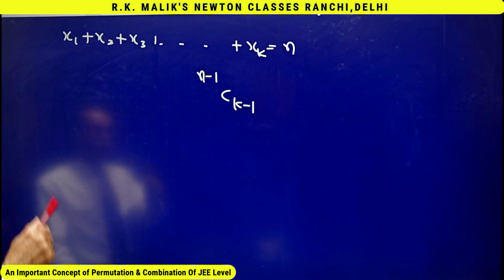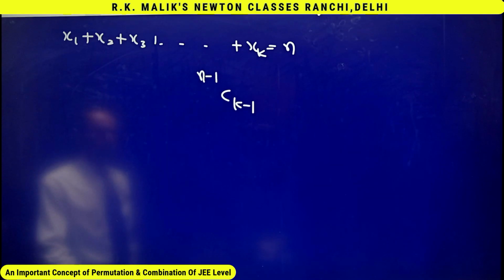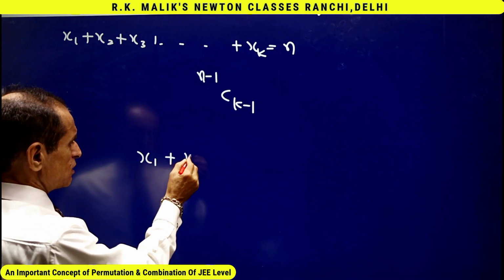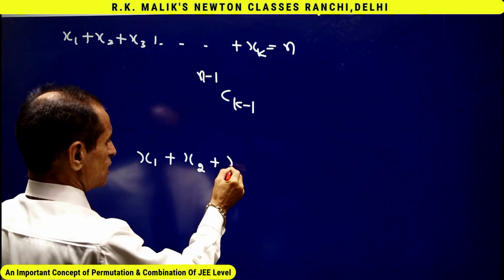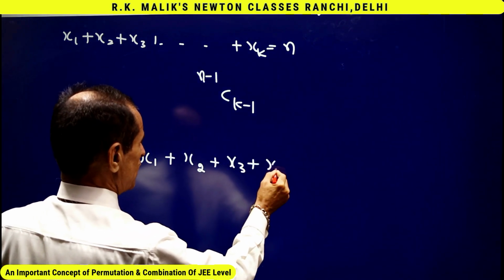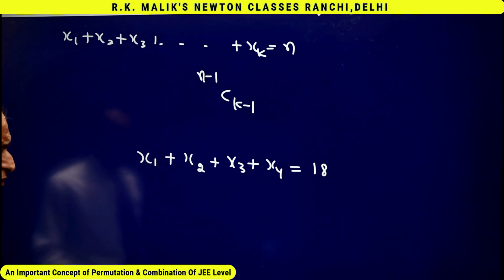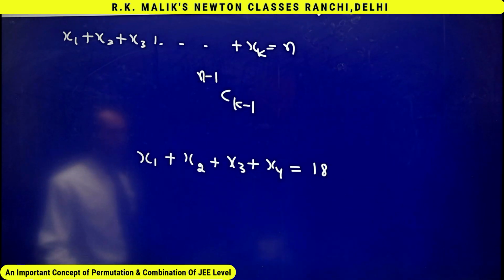To make you understand the proof of it, I will explain with the help of an example. Suppose the equation x1 plus x2 plus x3 plus x4 equal to 18 is given to you, and he says find the number of natural solutions of this equation.